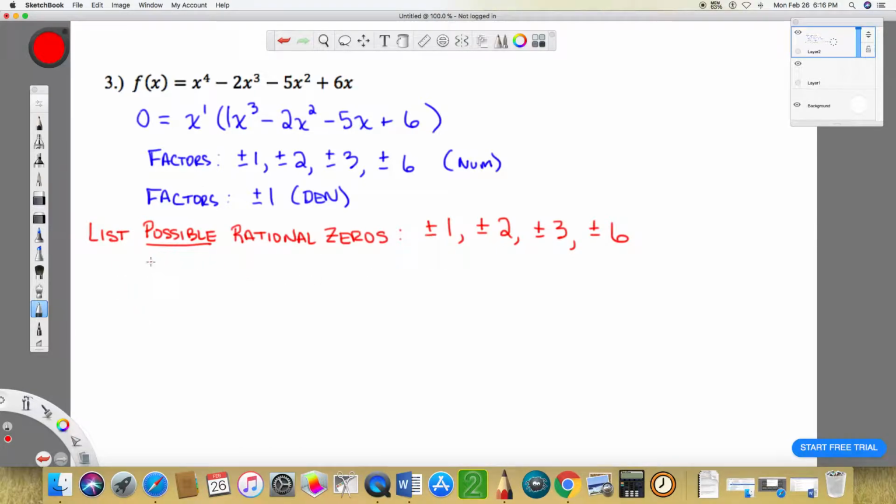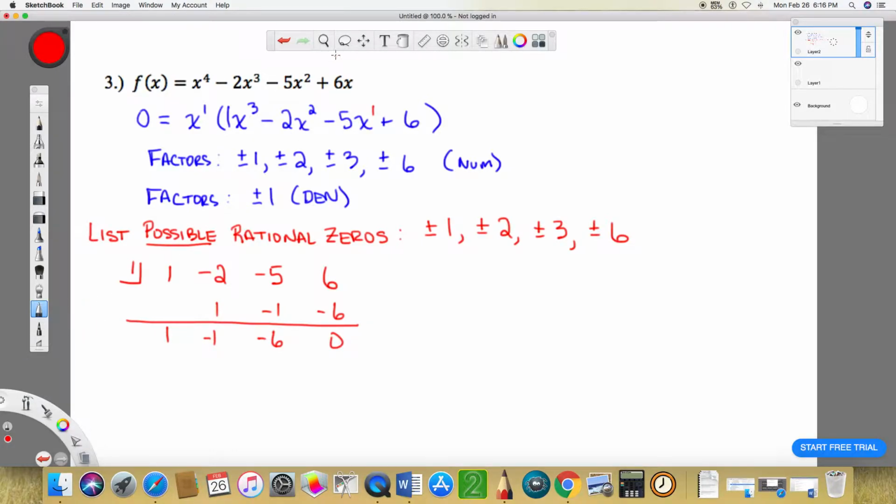So if we try 1, we've got 1, -2, -5, and 6. This was in descending order, the exponents, and no common factor, so it is in standard form. And right off the bat, we get lucky and we find a 0.